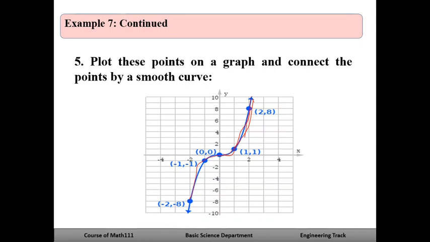If you fold it this way and then reflect it to this way, you will get this part. And if you do the same thing like that, you will get this part. You see, it's symmetric with respect to the origin.